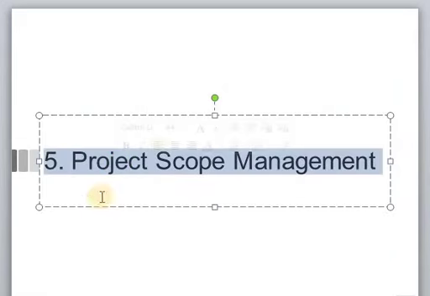So in this lecture we will focus on project scope management.